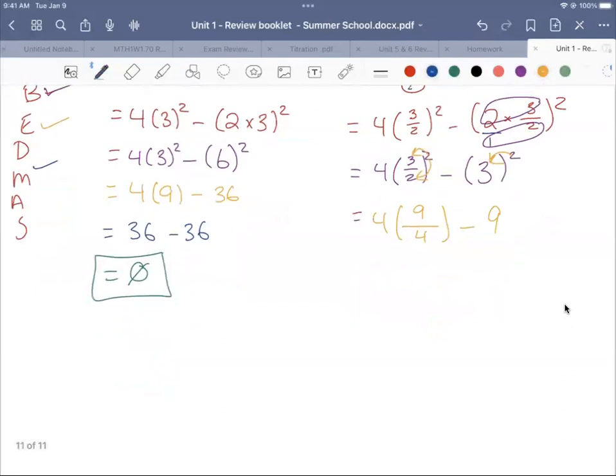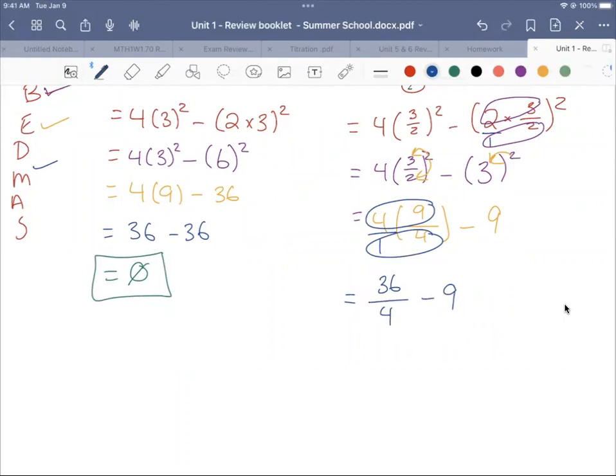Now again, when I move on to my division and multiplication, I'm assuming that that is over 1, so I can multiply by the top and divide by the bottom, and multiply through the bottom. So this will be 36 over 4 minus 9.